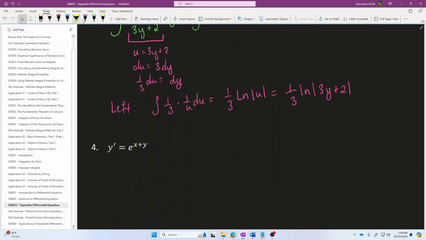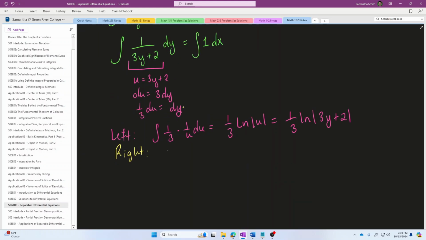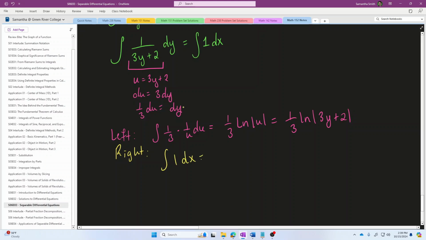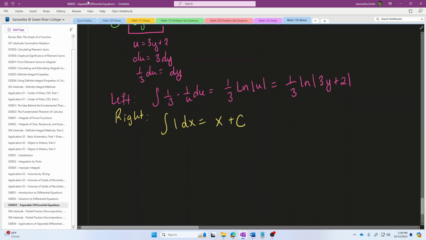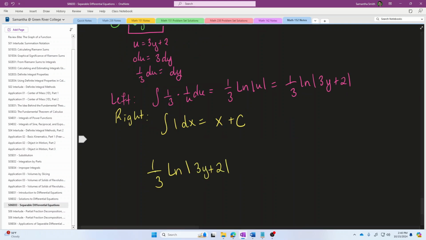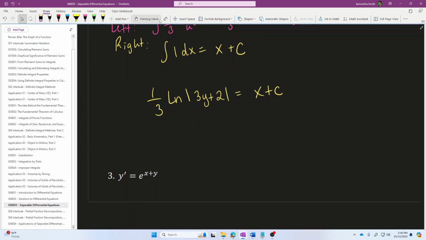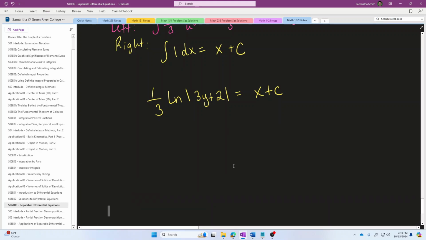The right side is just going to be x, and here I include the plus c. And so setting those equal to each other, I have 1/3 natural log absolute value of 3y plus 2 equals x plus c, and all I have to do at this point is solve this algebraically for y.